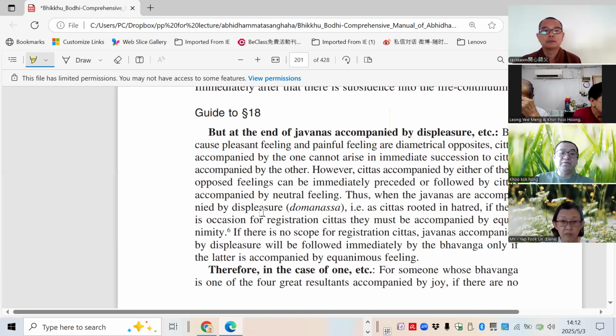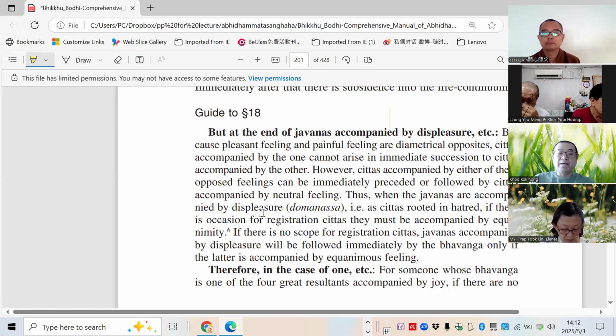At the end of javanas accompanied by displeasure, etc.: because pleasant feeling and painful feeling are diametrical opposites, citta accompanied by one cannot arise in immediate succession to citta accompanied by the other. However, citta accompanied by either of these opposed feelings can be immediately preceded or followed by citta accompanied by neutral feeling.